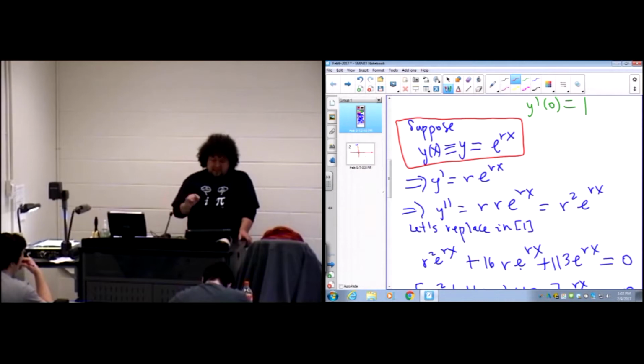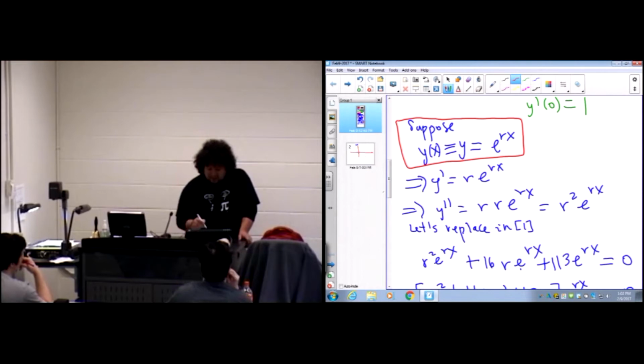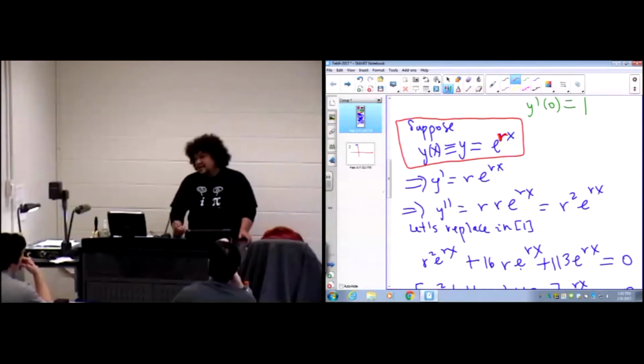So this is a valid assumption whenever you have a differential equation of this type. Homogeneous, right. So constant coefficients, things that are multiplying the derivative operators, have to be constant, not functions of the independent variable.